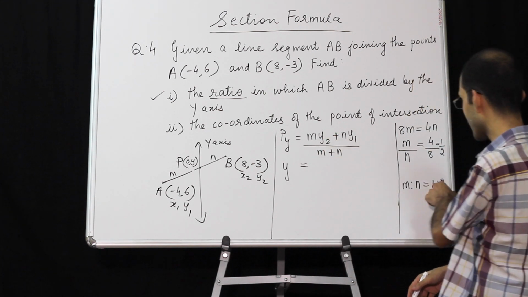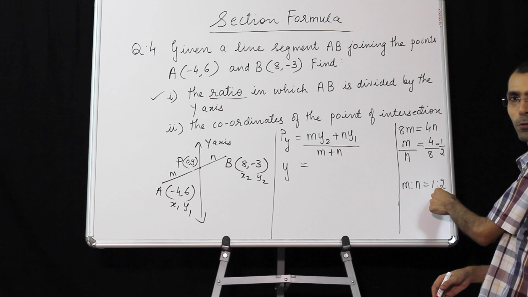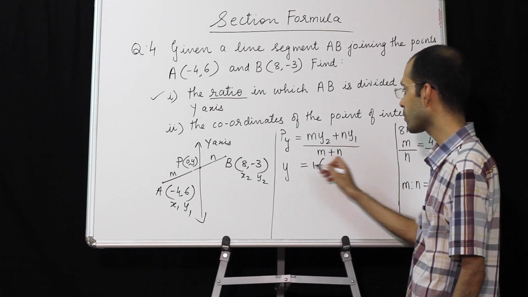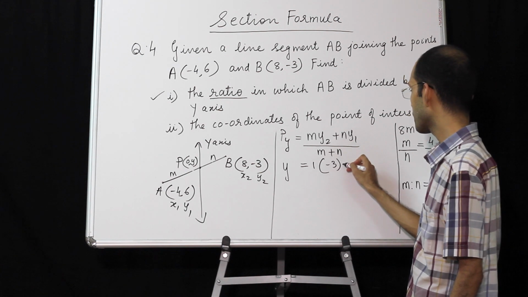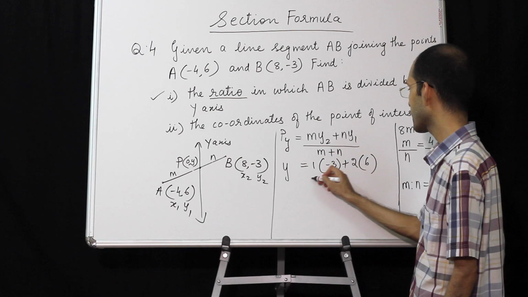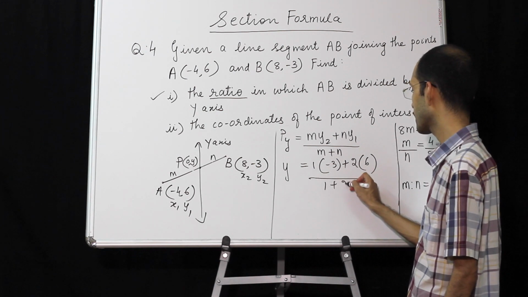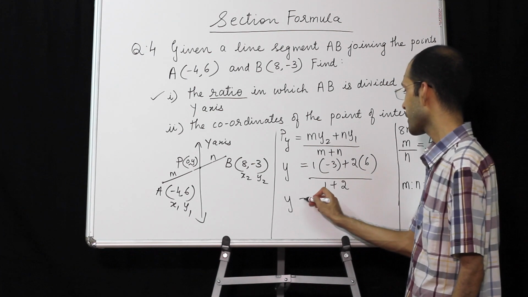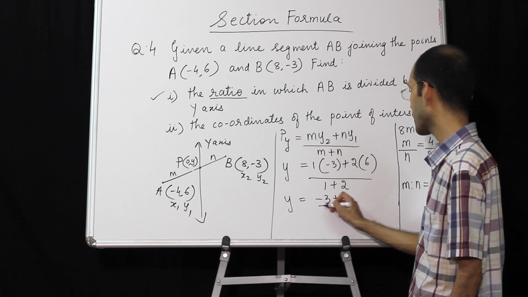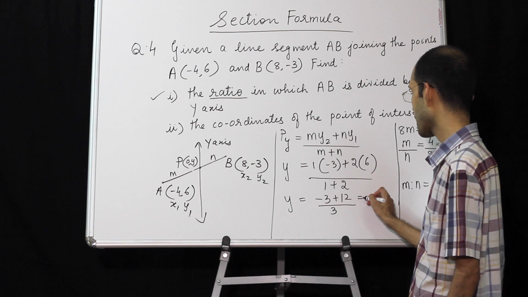my2. Now what was the ratio? 1 is to 2. So we can take m as 1, n as 2. So 1 into y2 plus n into y1. So this is now minus 3 plus 12 upon 3.